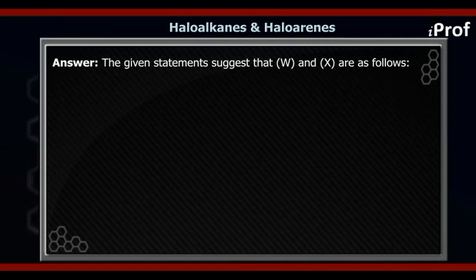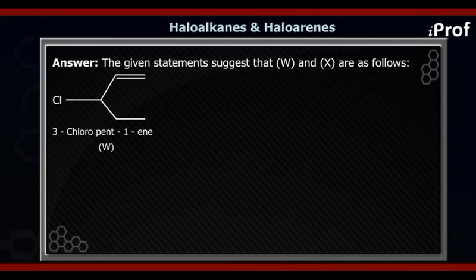to have an optically active isomer. So one of the isomers can be C, then we can have ethyl as one group, hydrogen as the second, Cl as the third, and CH=CH2 as the fourth group. Now this carbon has all four different groups, so this could be the optically active isomer.